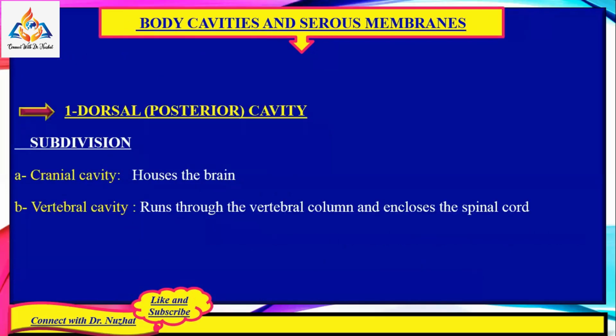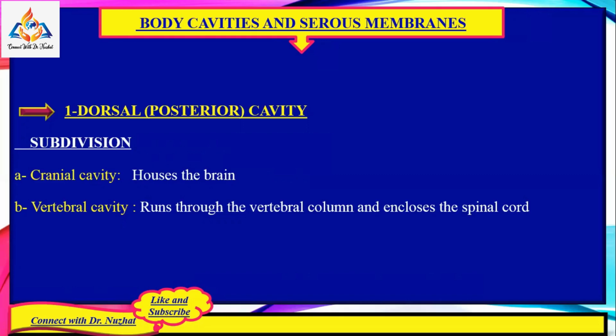The dorsal or posterior cavity is subdivided into the cranial cavity, which houses the brain, and the vertebral cavity, which runs through the vertebral column and encloses the spinal cord. Dorsal body cavity: the cranial cavity and spinal cavity in combination.